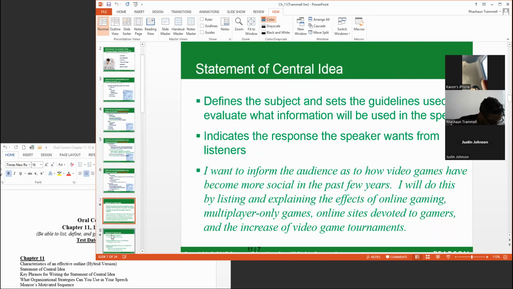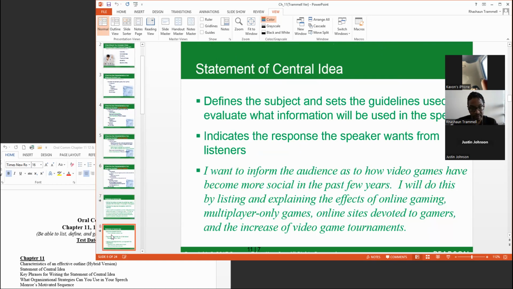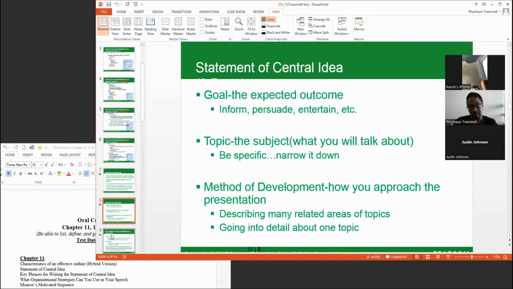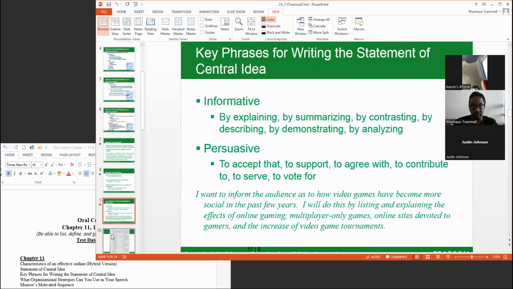So the three main parts of your central idea statement are your goal, your topic, and your method of development. In the sample one that I have, the goal is to inform, and the topic is how video games are becoming more social.